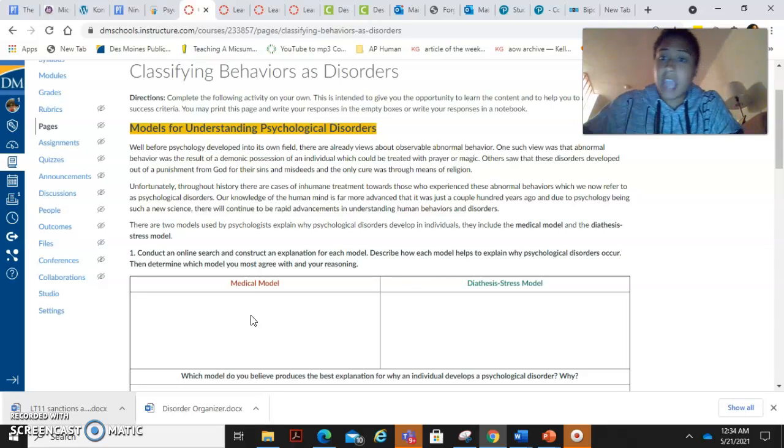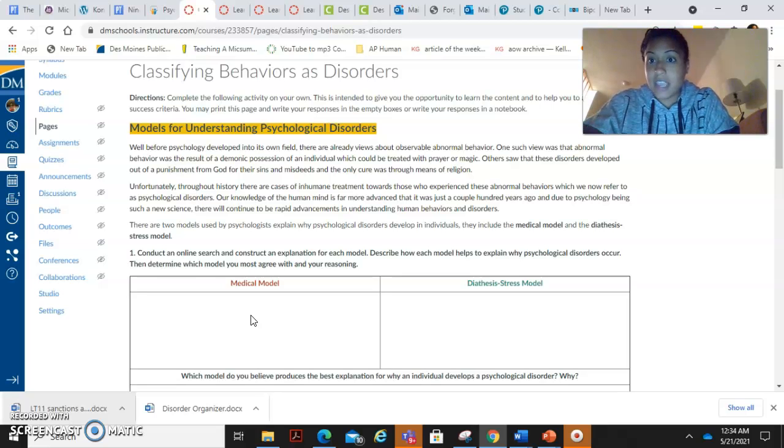When delivery happens, those hormones exit the body so quickly that the consequences of that can sometimes lead to postpartum depression, right? So that's a biological explanation for why the psychological disorder developed. Okay?